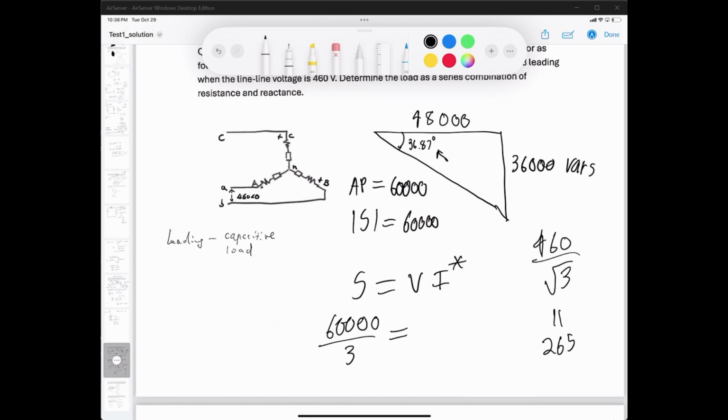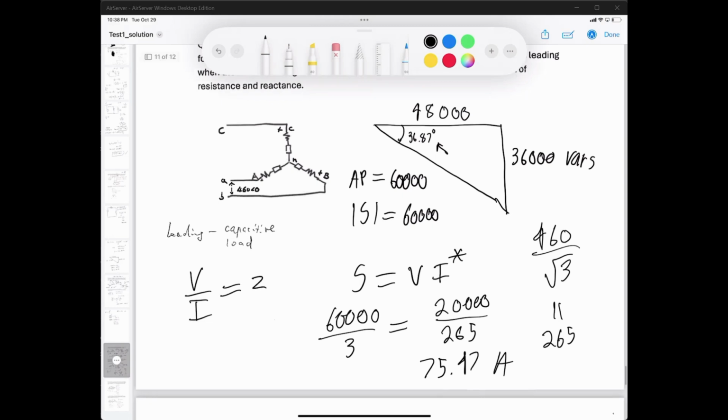So we need 20,000 divided by 265. That's going to give us 75.47 amps.